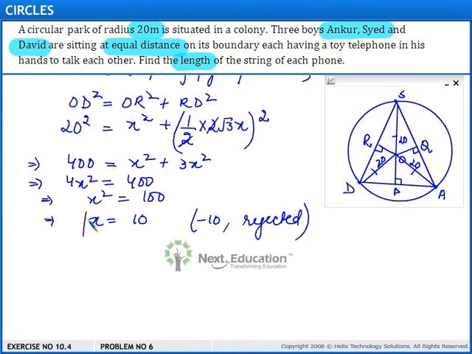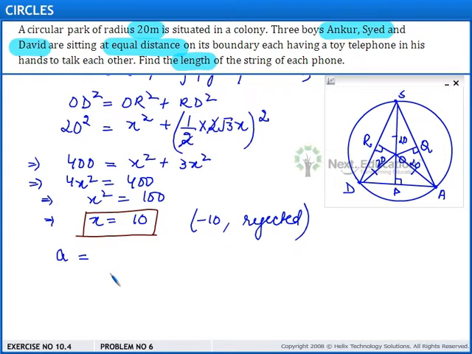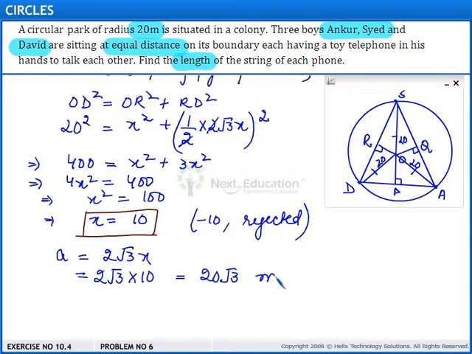Now we have got the value of x. Now let us find a. a is 2 root 3 x. Therefore, substituting the value of x, we have 2 root 3 multiplied by 10. So this is equal to 20 root 3 meters.